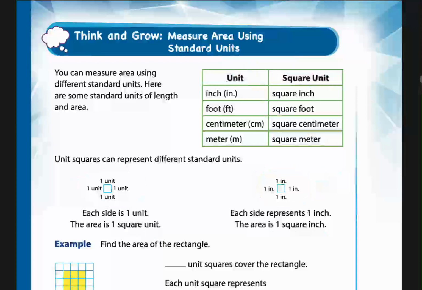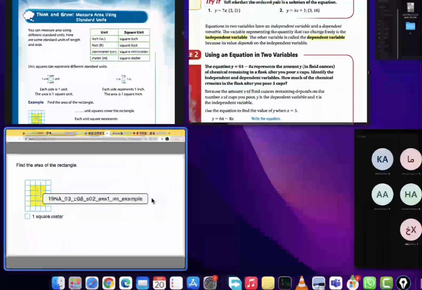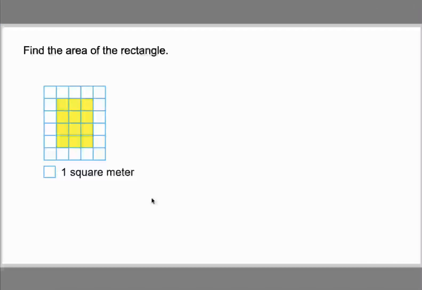Let's see an example for this. We need to find the area of this rectangle. How to find the area? Help me, my heroes. Remember what we were doing before. Yes, exactly, Abdulaziz.